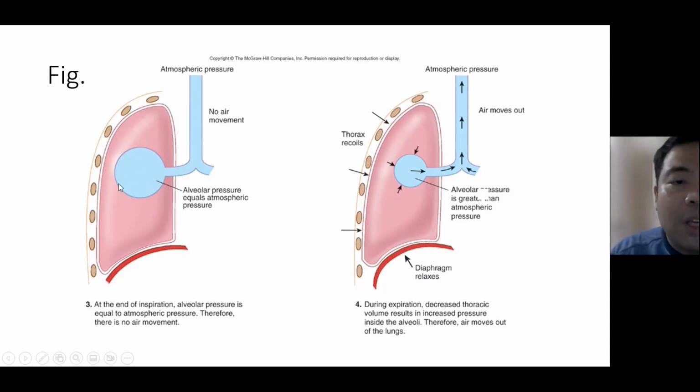Dadating yung time na hanggang doon na lang sa limit ng pag-expand ng lungs natin, titigil na yung movement, titigil na yung expansion ng thorax. Therefore, when that expansion stops, alveolar pressure will again be equal to the atmospheric pressure.